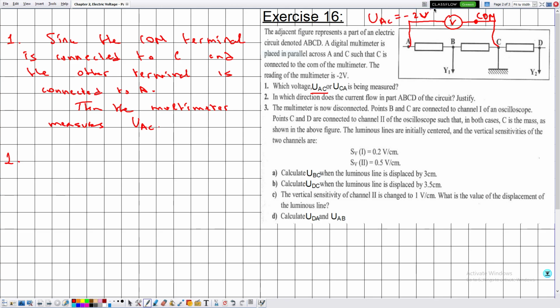So knowing that UAC is equal to minus 2 volts, which is negative, then VA minus VC is negative, which means that VA is less than VC.